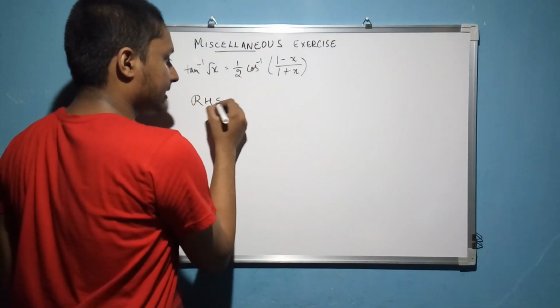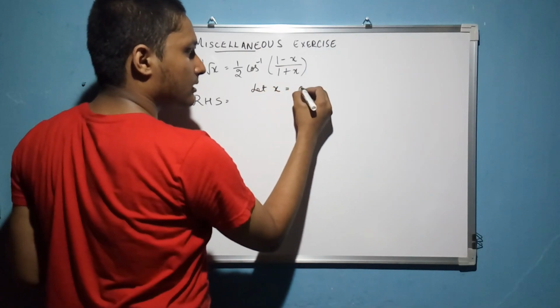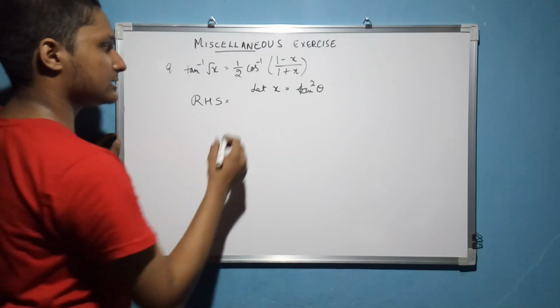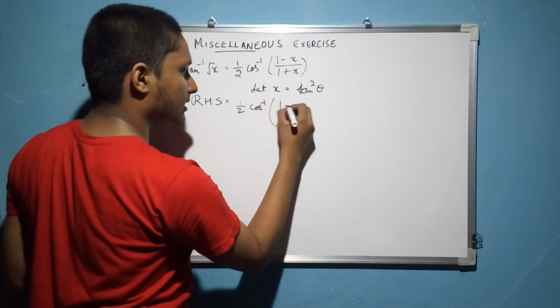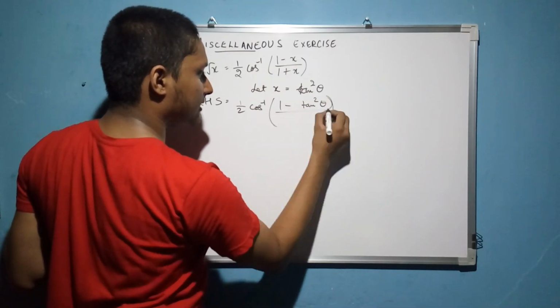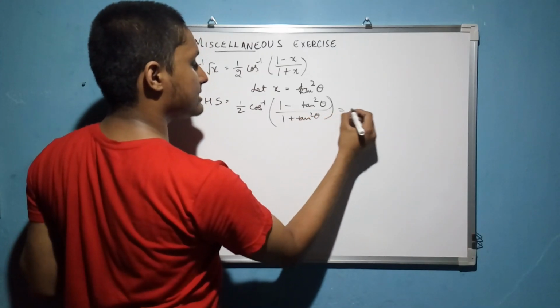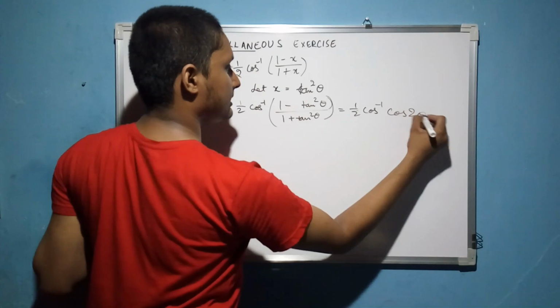So let me take the right hand side and let x is equal to tan square theta. So what it is going to be? Half of cos inverse 1 minus tan square theta divided by 1 plus tan square theta. That is going to be cos 2 theta.